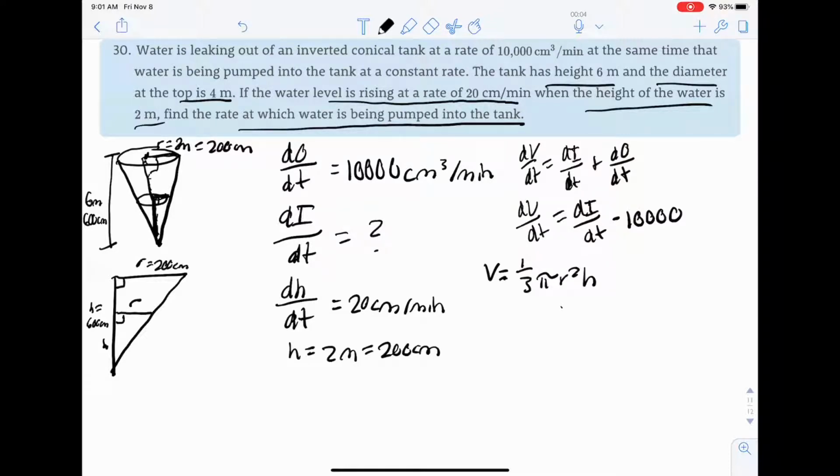So since these triangles are similar, 200 centimeters over 600 centimeters is going to be equal to r over h. And so if we simplify this down, we get 1/3 equals r over h. And then just cross multiply and you get r is equal to h over 3.